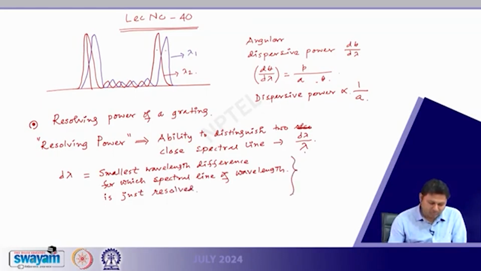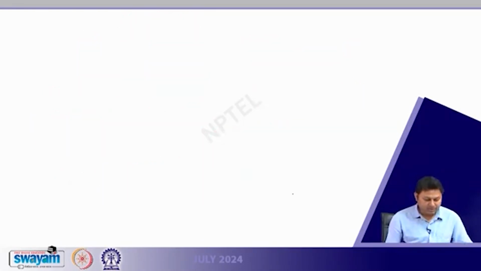This is the smallest wavelength difference which one can just resolve, and that is the quantity resolving power.